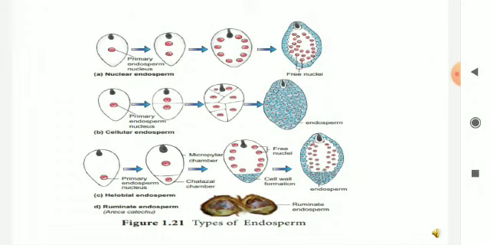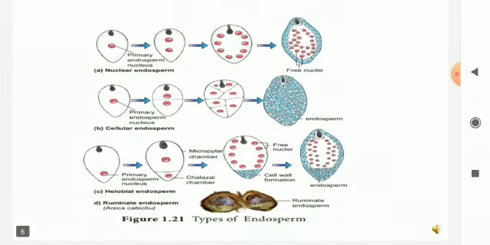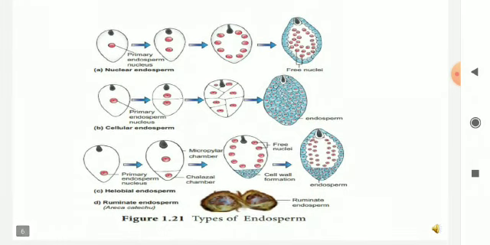And cytoplasmic division occurs from periphery to center, which ultimately results in formation of a cellular tissue, which is called endosperm. Because development is through free nuclear division, it is called free nuclear endosperm. The most common example is coconut.